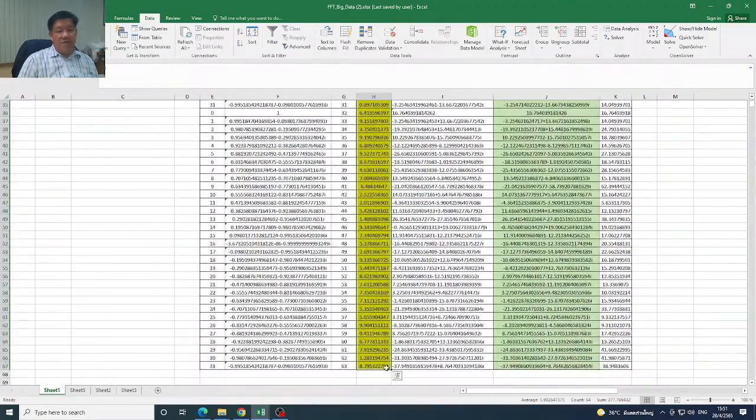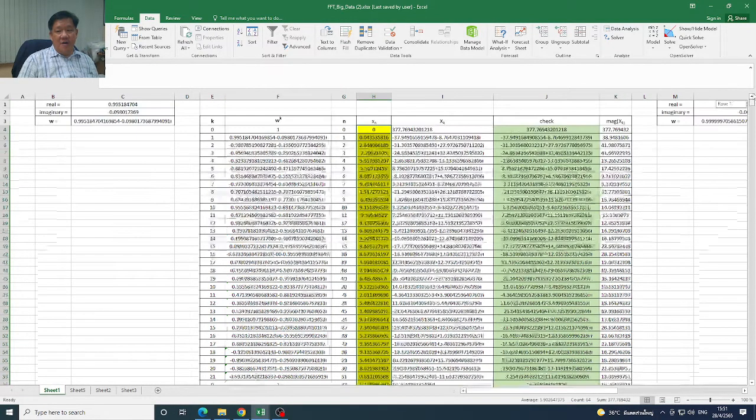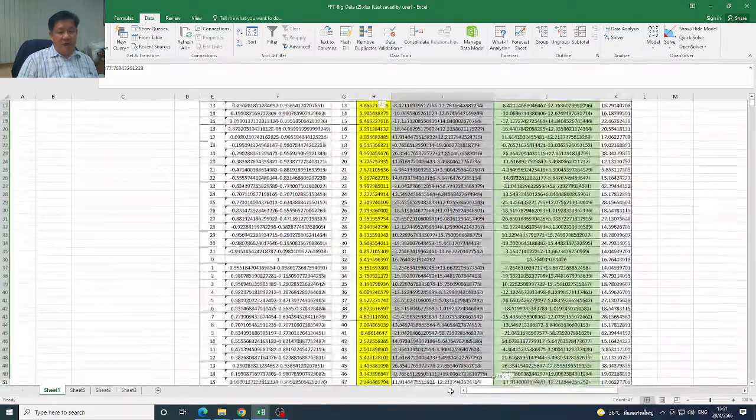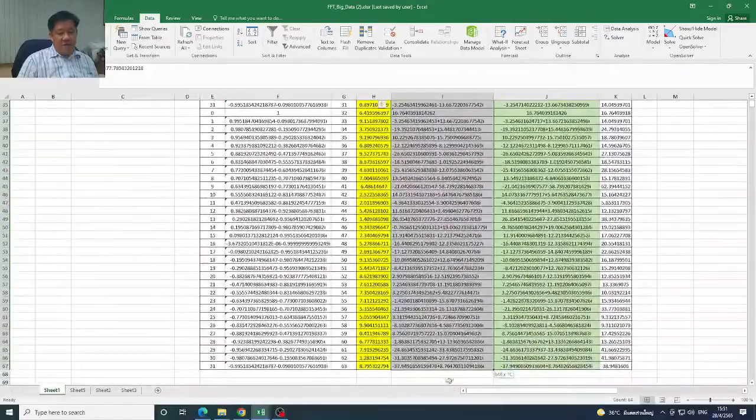This one is very easy to find, because we do it two ways. The first one, in column I, is the direct use of the Fourier analysis.